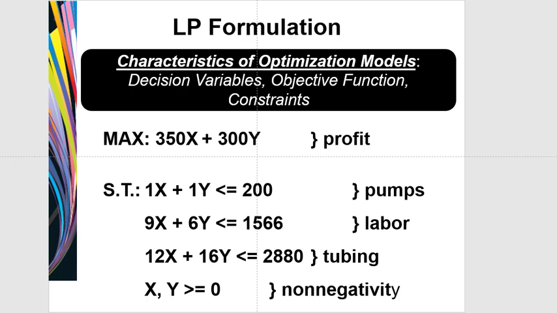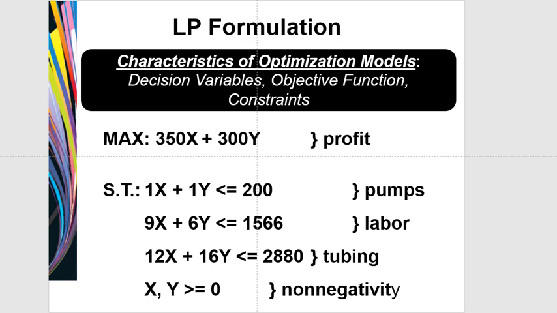You're either not making any products, that's why we say X and Y should be at least equal to 0 or greater than 0. So you may find that the company has not made any product and made maybe some quantities of Y and vice versa. So non-negativity simply recognizes that you cannot make negative products.